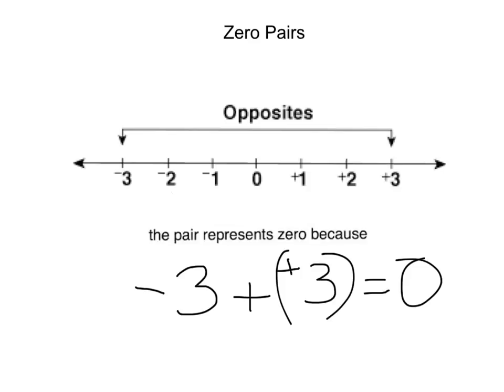Now, if that's not making intuitive sense to you, I'll show you on the number line. So I'm going to mark my starting point, which is -3. And when I'm adding +3 to it, I'm basically moving in the positive direction, or I'm moving to the right. And I'm moving by 3 spots. So 1, 2, 3. And my landing point is 0. So I know that -3 plus +3 equals 0, or that zero pair becomes 0.